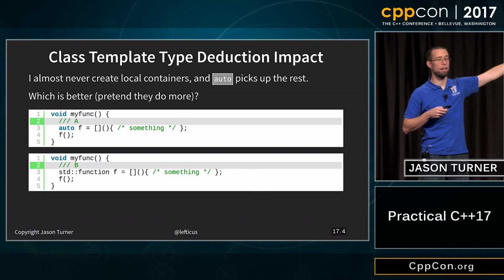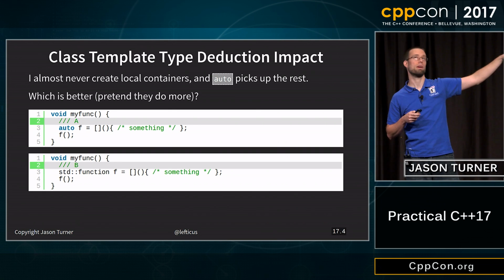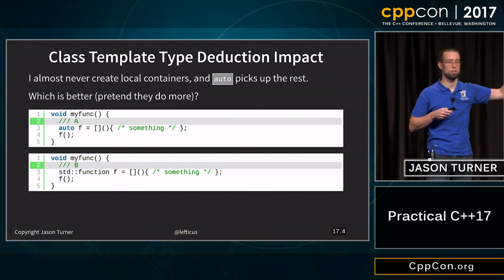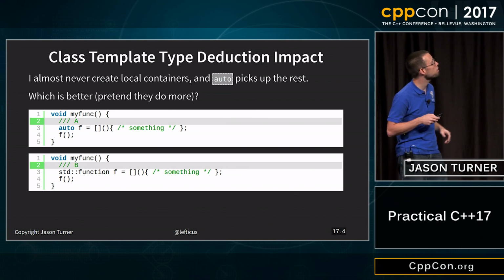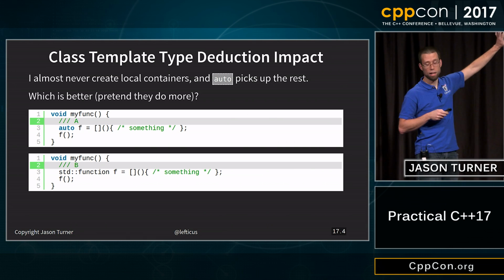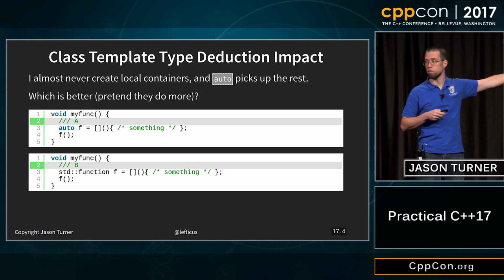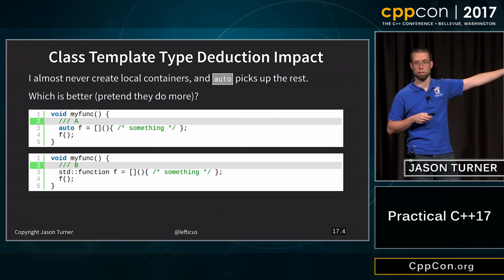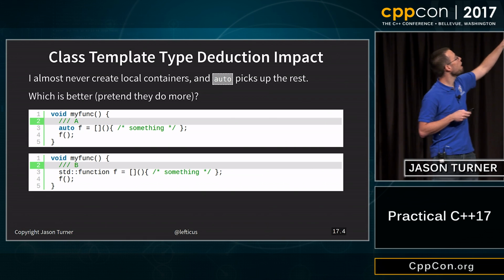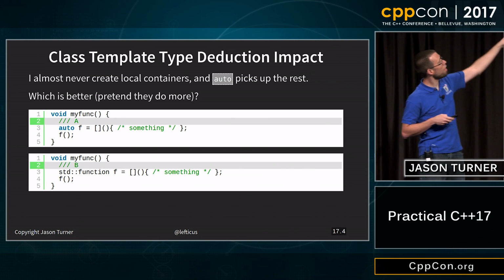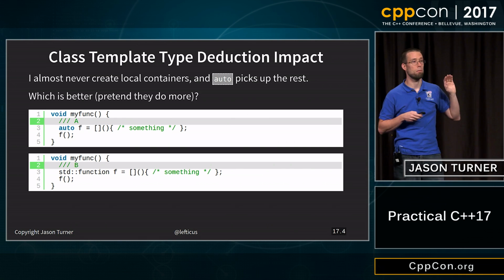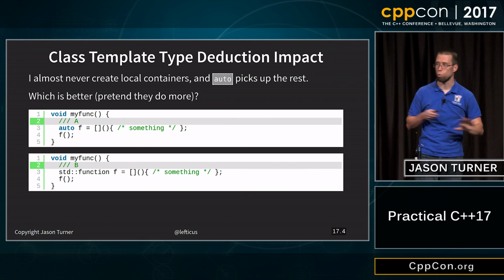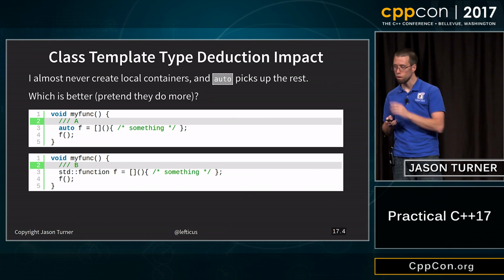In this particular case, it's probably not going to do any dynamic allocation because it would fall into the small function optimization, but there's no guarantee of that. B is probably measurably significantly longer to compile because of all the templates that have to be instantiated. A is not. So in my particular code, I found myself that auto is way more important than class template deduction.